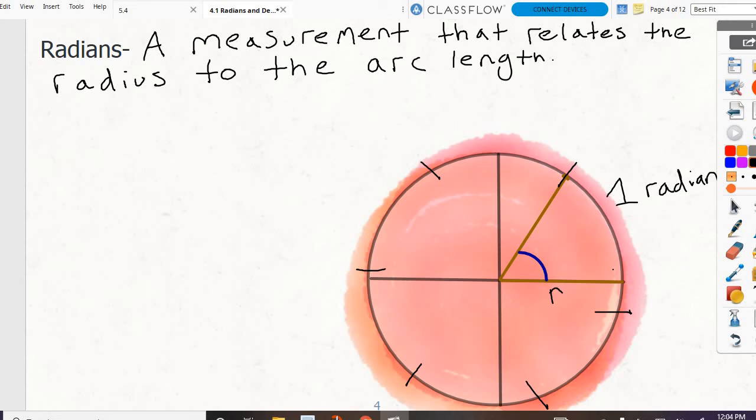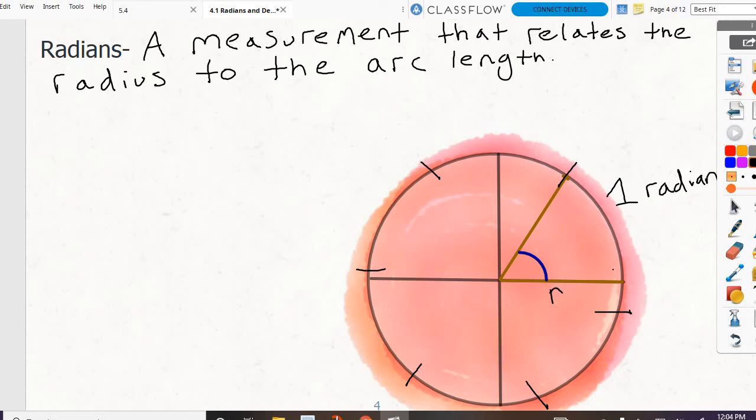Does that kind of make sense? Now, we said that how many degrees is in a full circle? 360. So it would be nice if we could also figure out how many radians are in a circle, because then we could convert between the two. Now, we said it's 6-point-ish, right?